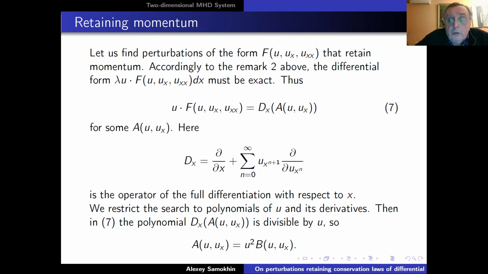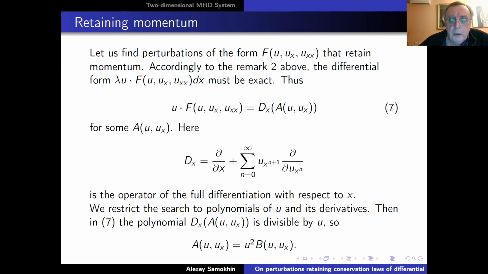Generally, of course, these functions, whether it is f or a, are general functions, but in mathematical physics, it is wise to consider only functions which are differential polynomials in u and its derivatives. Therefore, the right-hand side is divisible by u.